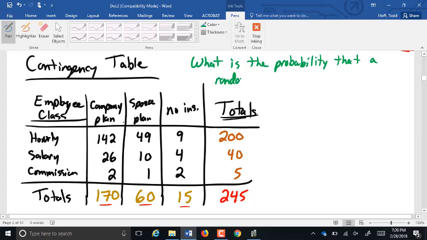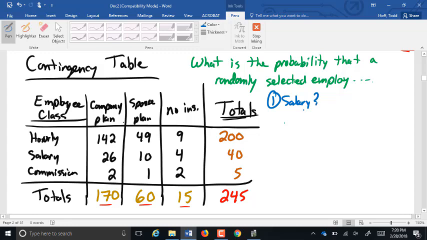So now we're asking the question, what is the probability that a randomly selected employee, let's just say, what is the probability the randomly selected employee is on salary?